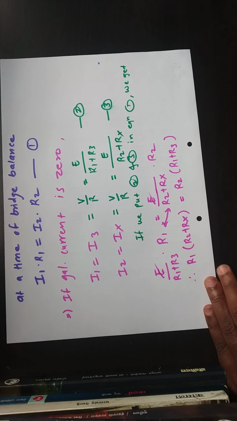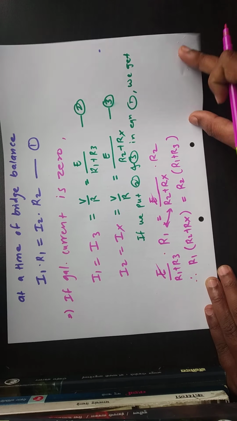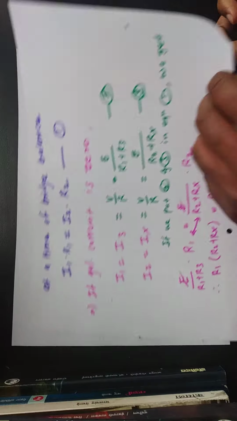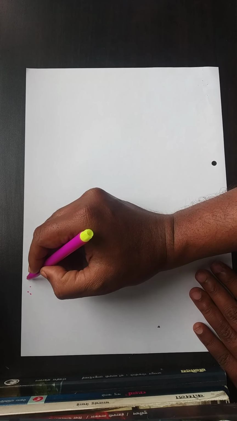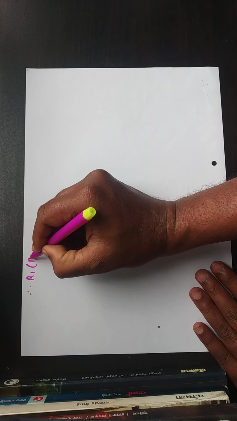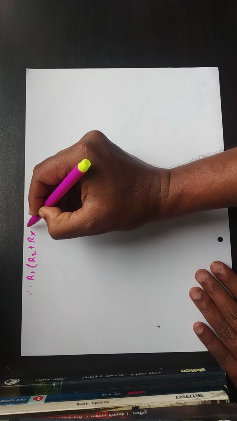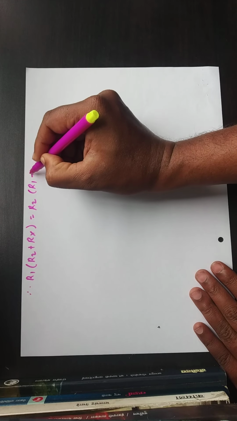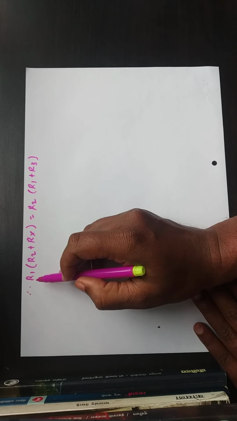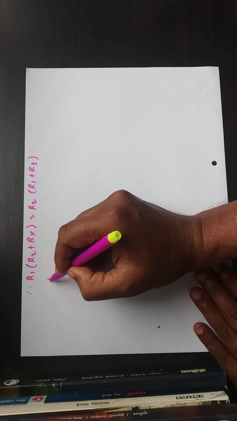So remember this equation. Our previous equation was R1 into R2 plus Rx is equal to R2 into R1 plus R3. If you multiply out the brackets, what do you get?